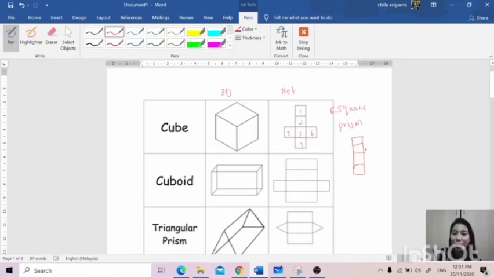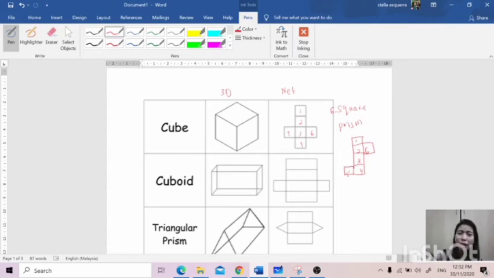Sometimes they also draw it like this, which also gives the same result, the cube. As long as you have 6 square shapes, it doesn't matter how the diagram looks, it will be a cube.